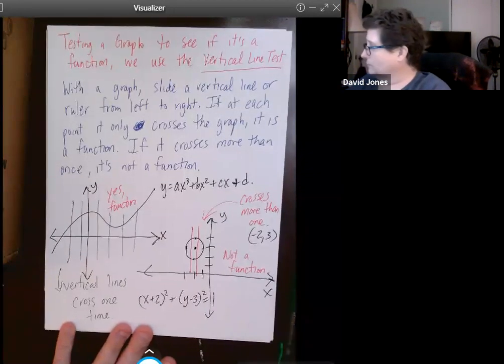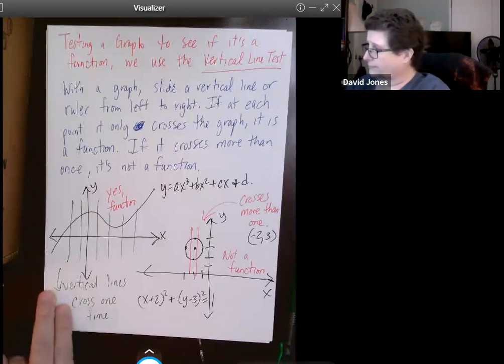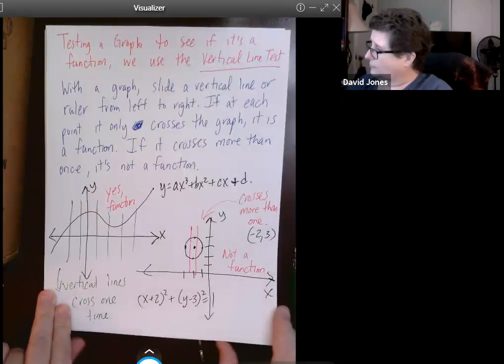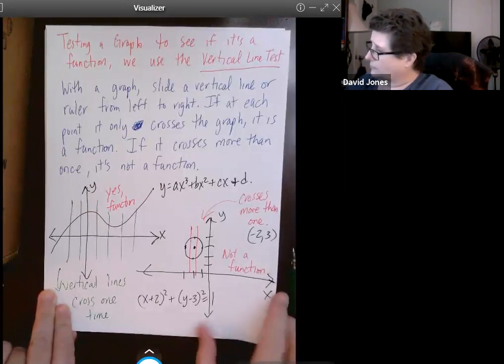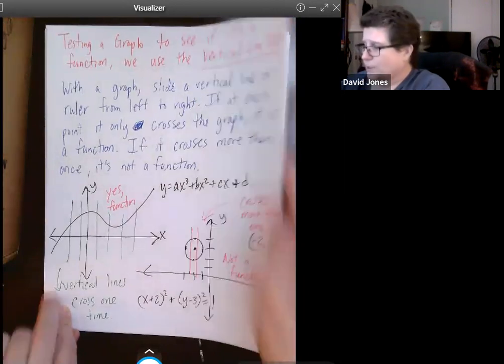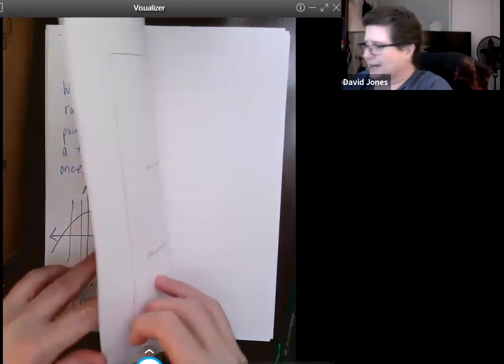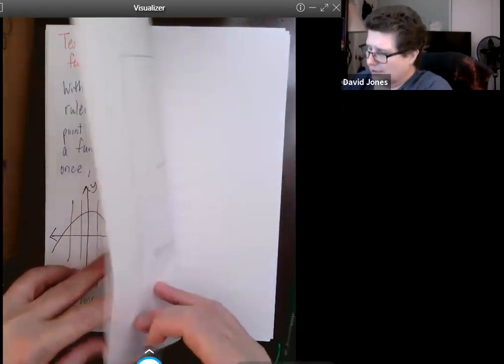Okay? So we talked about lines. Vertical lines are not a function, but horizontal lines and other lines are.